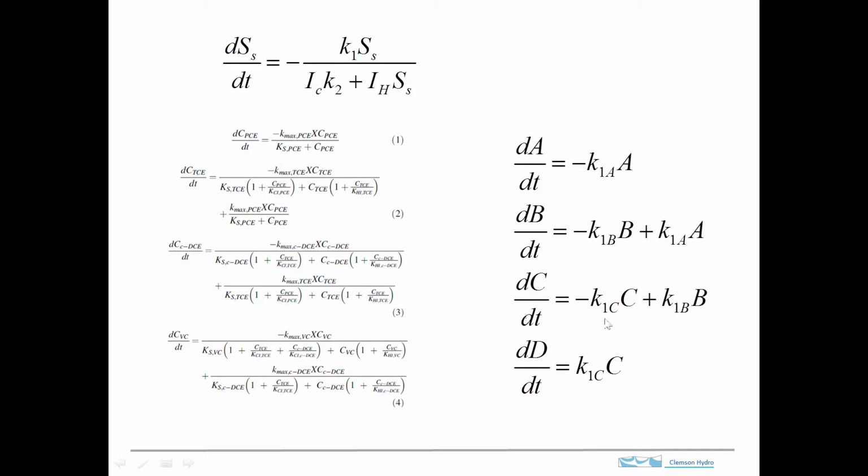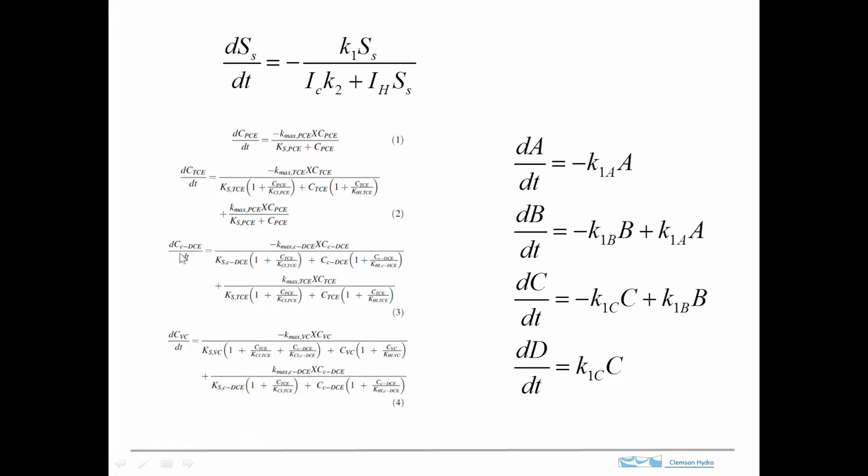And C has a degradation that's first order in C and a production term related to the degradation of B. Basically, it's just that term right there with the sign change. Well, this is doing the same thing. This term here is similar to this one: the degradation of TCE, the production of TCE by the degradation of PCE.